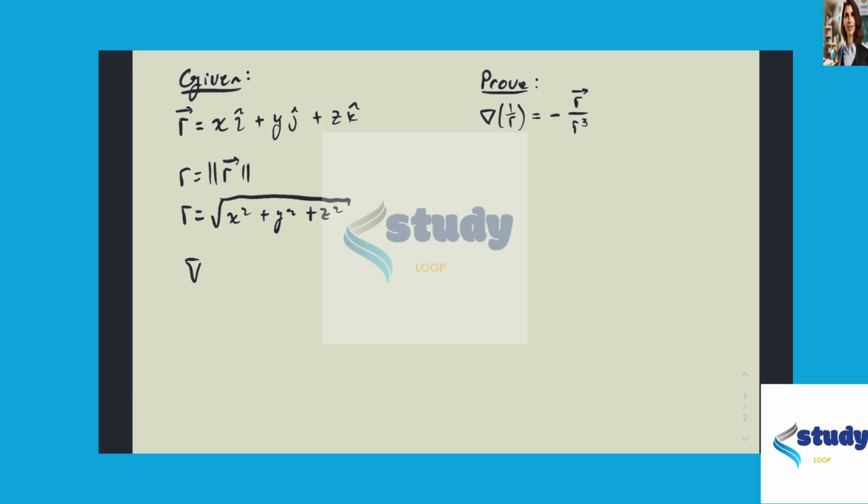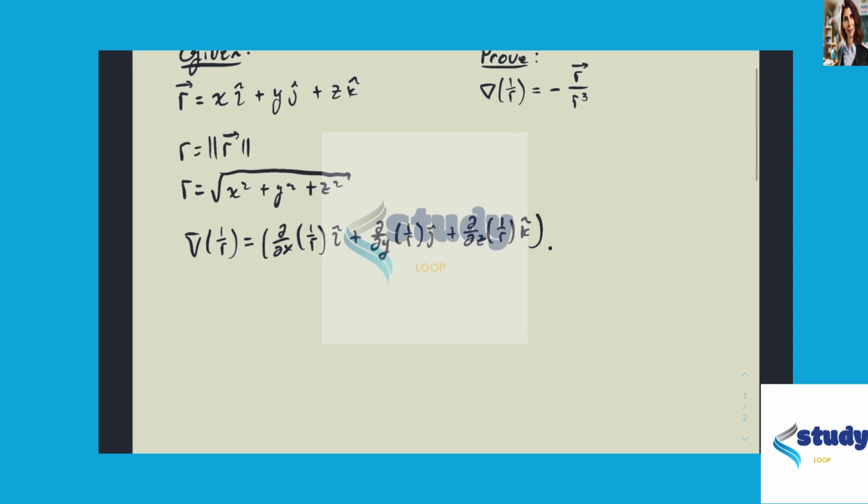So therefore, del of 1 over r is equal to d dx of 1 over r i plus d dy of 1 over r j plus d dz of 1 over r k. Okay. Now we just need to find our partial derivatives. So d dx, d dy, and d dz.